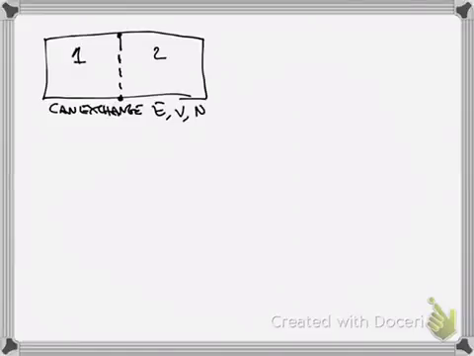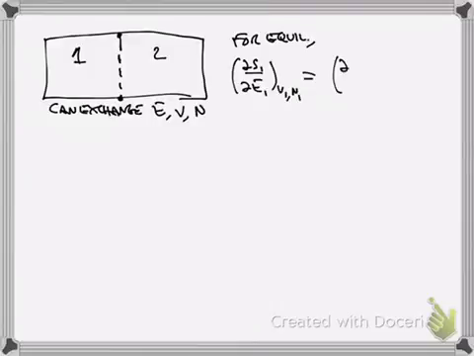Now we can do everything, right? So if you do that, you can do the same derivation yet again. And for equilibrium, you're going to find, surprise, surprise, partial S1 over partial E1 at constant volume and particle number is going to equal partial S2 over partial E2 at constant volume and particle number.